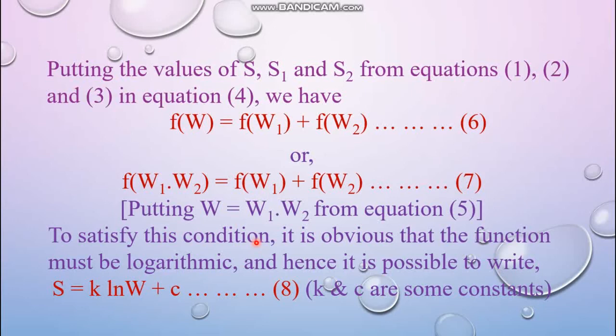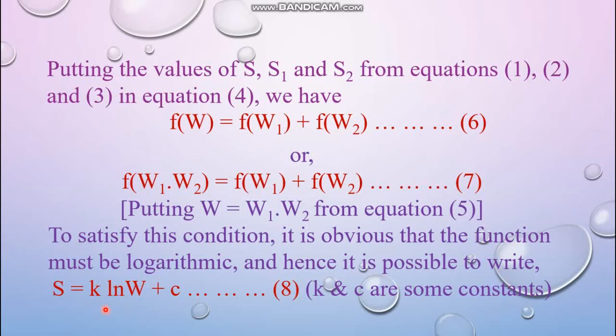So you have to consider two constants k and c. This way, to satisfy this condition, it is obvious that the function must be logarithmic, and hence it is possible to write S equals k ln W plus c. That is, we could have written S equals ln W, but we have to take into consideration some constants such as k and c, and this k was later found to be equal to the Boltzmann constant, that is the molecular gas constant.